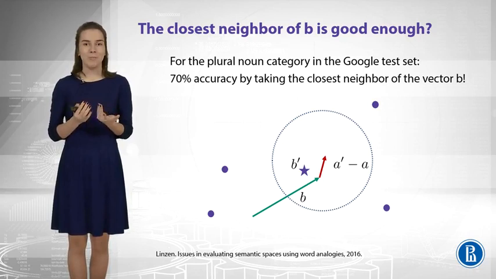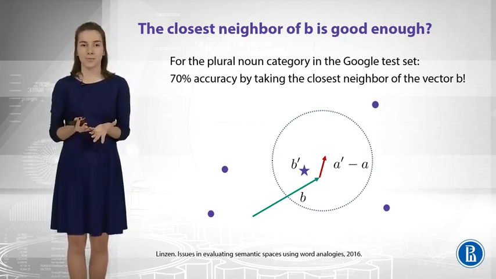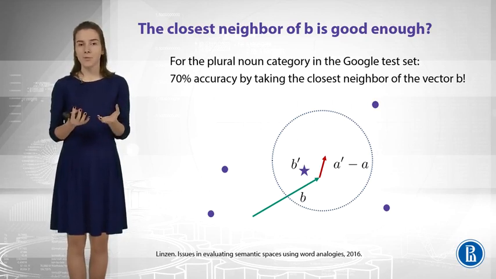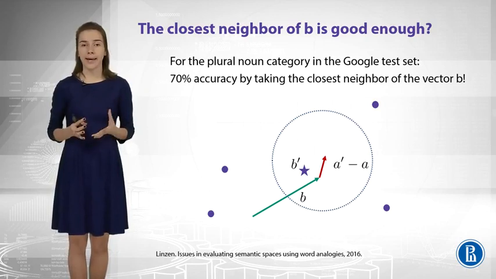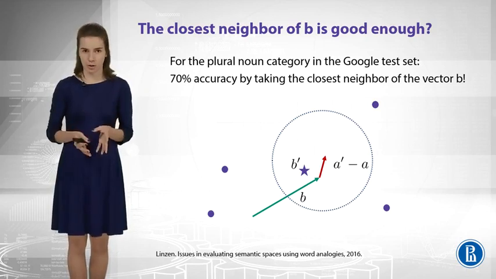Okay, so maybe we can just use much simpler methods to do this. I mean, can we just take the nearest neighbor of B and not apply any arithmetic operations at all?